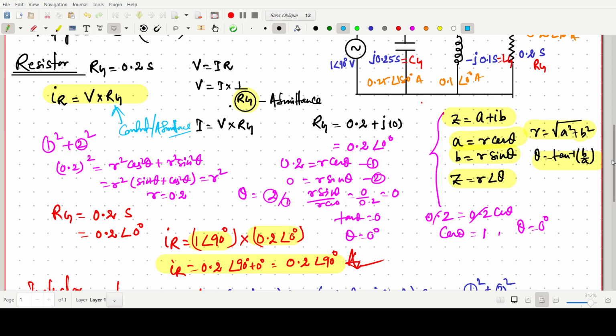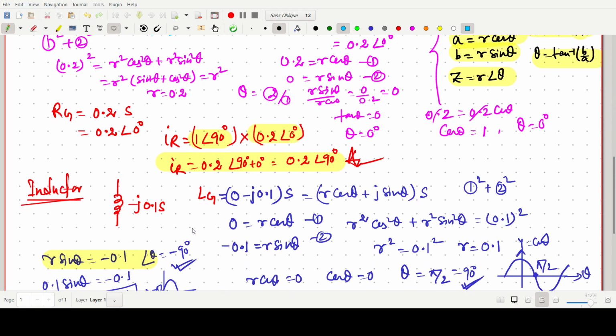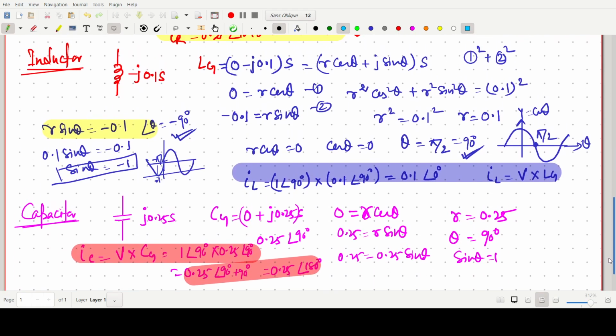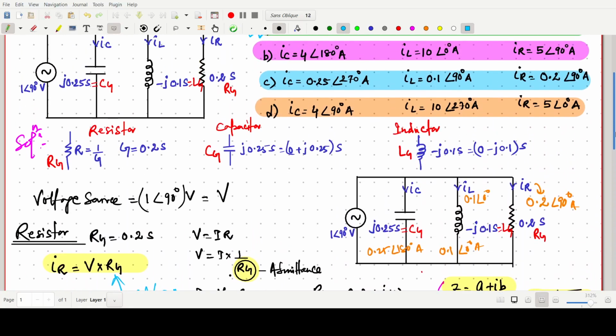Then for the angle calculation, you have to just select r sin theta equals minus 1. If you write r cos theta, it will give 90 degrees, but for the inductor the phase will be minus 90. You can do the same for the capacitor. So this is all about this question.